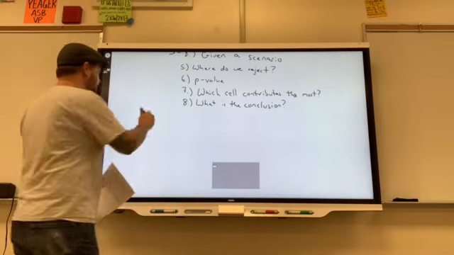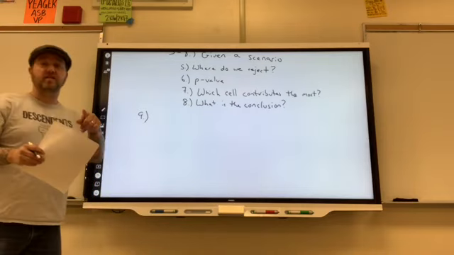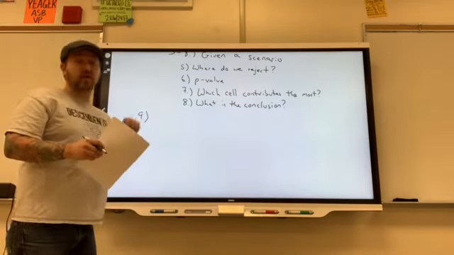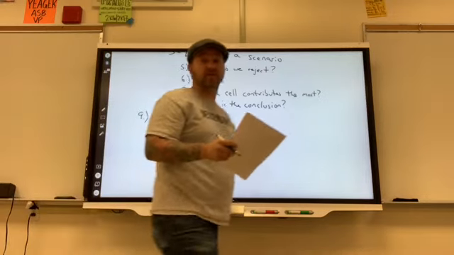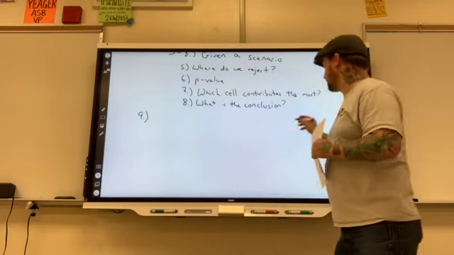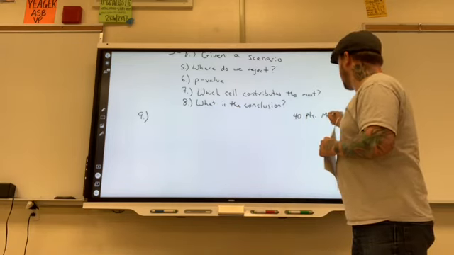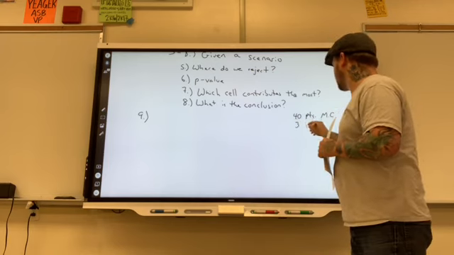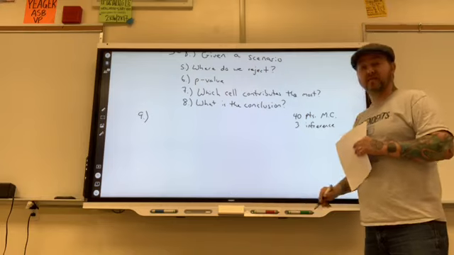So number 9. Now, let's think about a couple things. We always do 5 points per multiple choice. We always do 16 points per inference problem. So there are 40 points here. There are 3 inference problems.